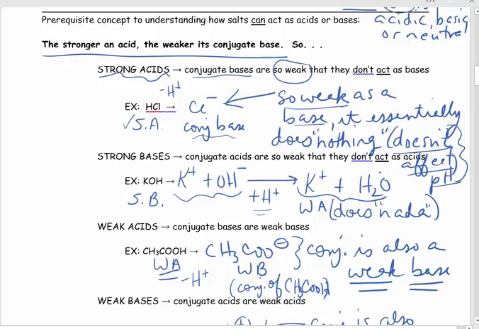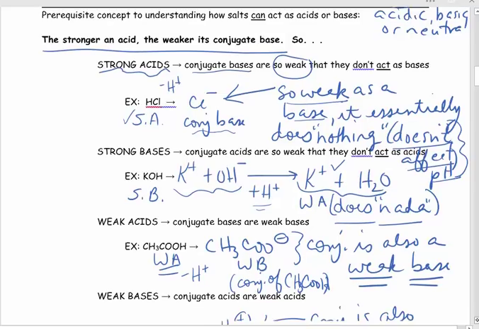And we know water is a weak acid. And K plus does nothing. So the conjugate acid of KOH is in a sense K plus. It's a little bit weird, but it's so weak it does nothing. So it's not even a weak acid, it's an ineffectual acid that does nothing.